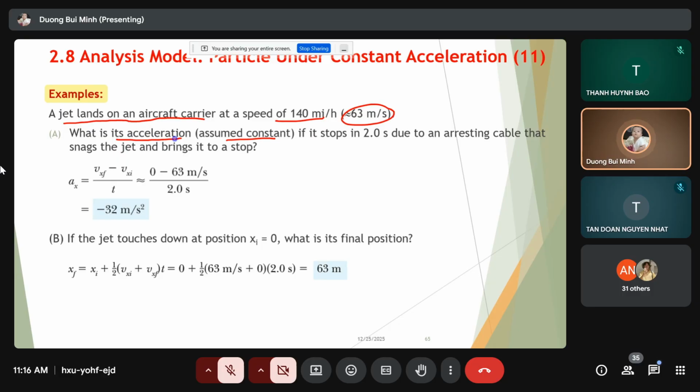We assume that acceleration is constant, if it stops in 2 seconds, due to an arresting cable that snags the jet and brings it to a stop.